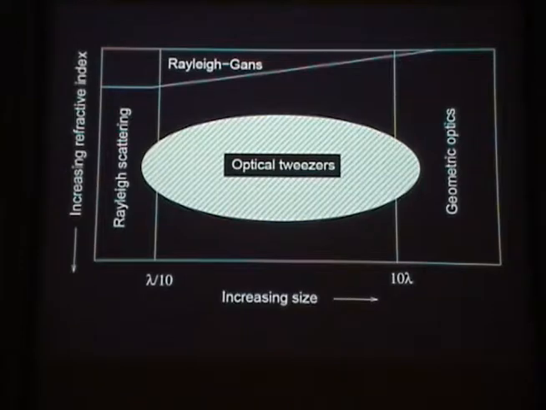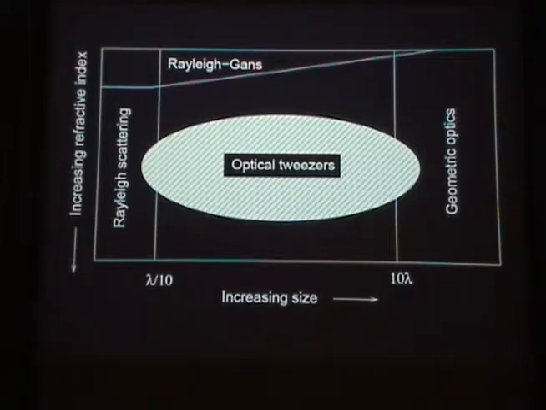But here's one big problem. Most of the work, the early work, was done looking at essentially Rayleigh scattering or geometric optics. And these are approximate methods. Rayleigh scattering is valid for small particles, up to about maybe a tenth of a wavelength. If the particle's smaller than a tenth of a wavelength, Rayleigh scattering should be a very good approximation, even a little bit larger than that.